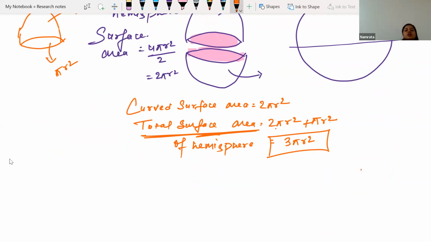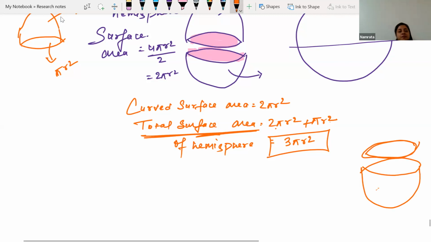When we are finding the total surface area, suppose we have a ball in the shape of a hemisphere, and the upper part is also covered with a lid, just like this one. That time we have to find the total surface area. We find the surface area of the curved part, and since the upper part is also covered, that part also, if it is not hollow from the upper part.